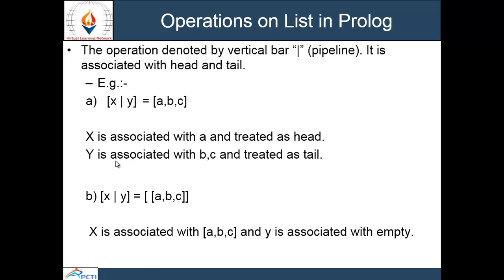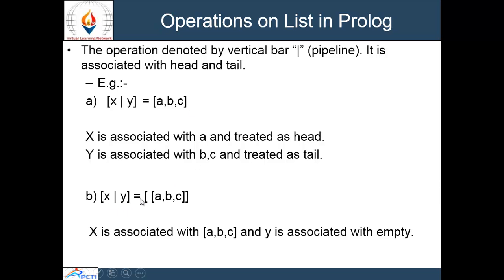Now, what are the various operations that we can perform on a list in Prolog? The operation is denoted by the vertical bar, which is also known as pipeline, and it is associated with the head and tail. For example, X pipeline Y with ABC. X is associated with A and is treated as head, and Y is associated with B and C and is treated as tail.